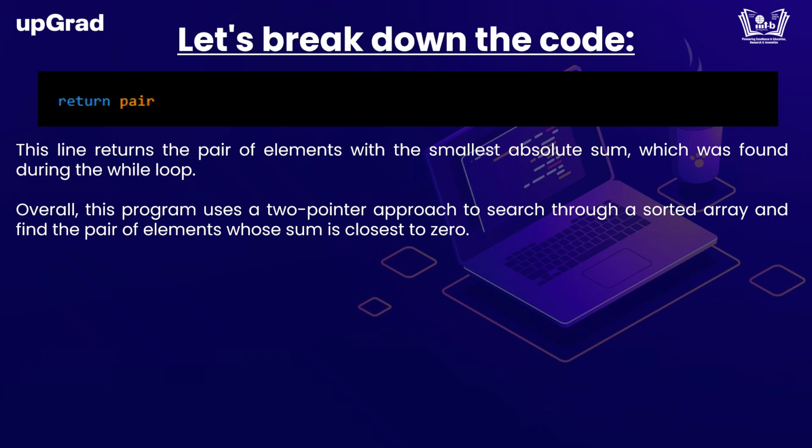The if else statement updates the right and left indices depending on the sign of the current sum. If the current sum is negative, then the left is incremented to move to the next element in the sorted array. Otherwise, the right is decremented to move to the previous element in the sorted array.